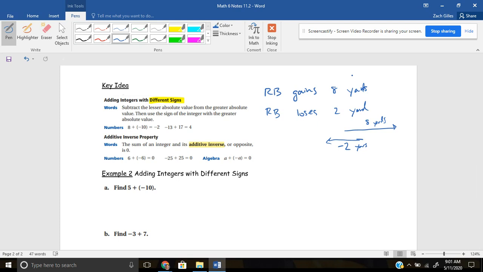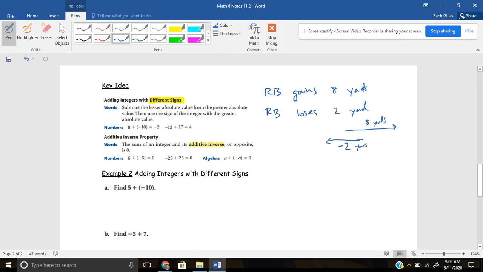So it says to add integers with different signs, subtract the lesser absolute value from the greater absolute value. Then use the sign of the integer with the greater absolute value. Interesting. So for example, we have 8 plus negative 10.